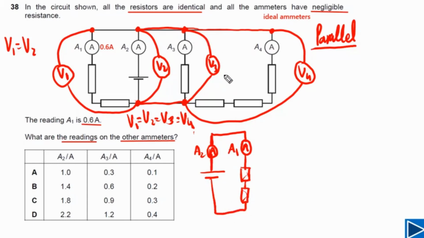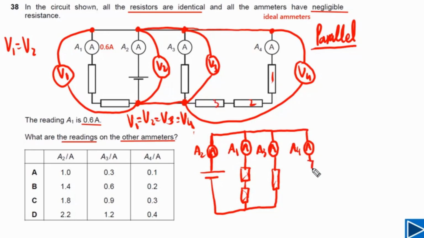Then we have the third branch, and for the third branch we have ammeter A3 connected here, and we have one resistor connected in series with the ammeter. So we can redraw this one like this. And the last one we have is the fourth ammeter, A4, and this has three resistors connected in series, meaning 1, 2 and 3.